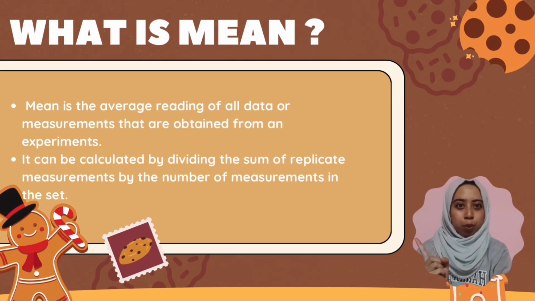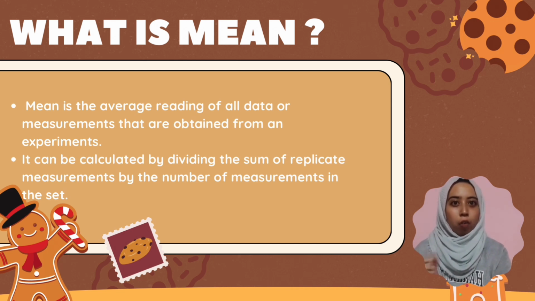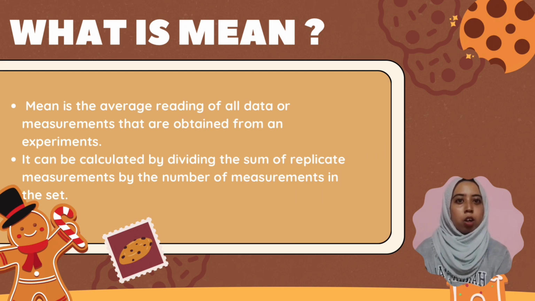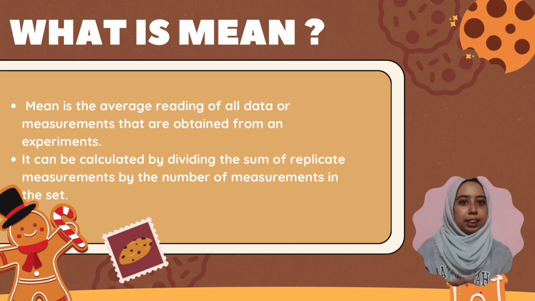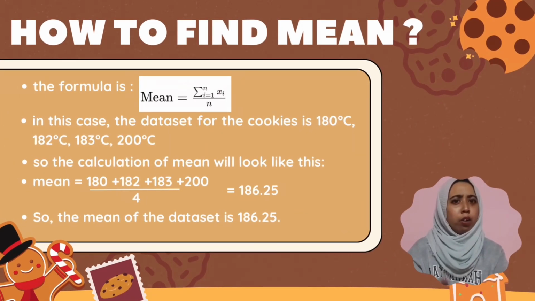For the first step, we need to find the mean for the dataset first. But what is mean? Mean is the average reading of all data or measurements that are obtained from an experiment. It can be calculated by dividing the sum of replicate measurements by the number of measurements in the set. But how do you find mean? You can see the formula that I include in the slide.